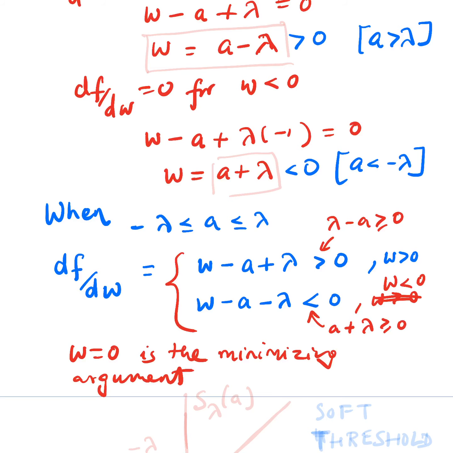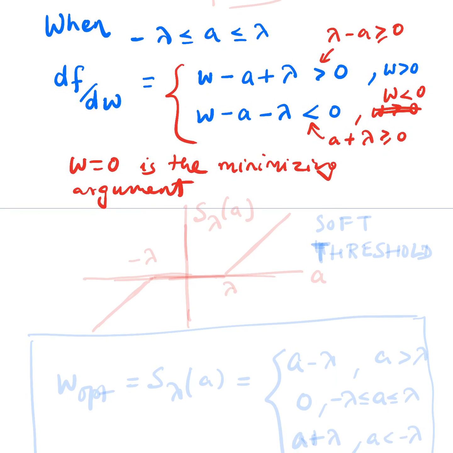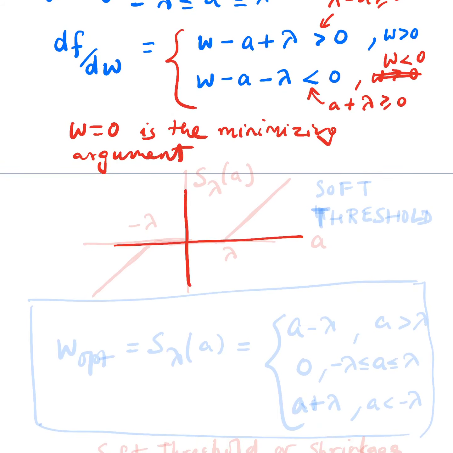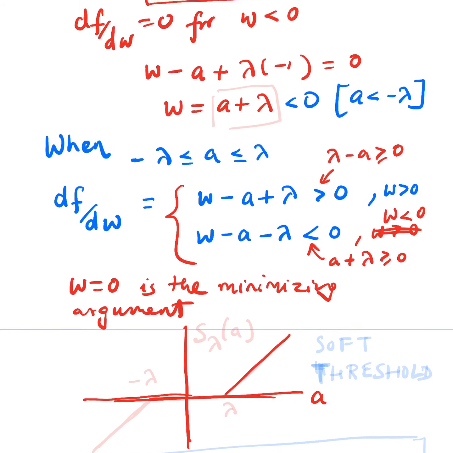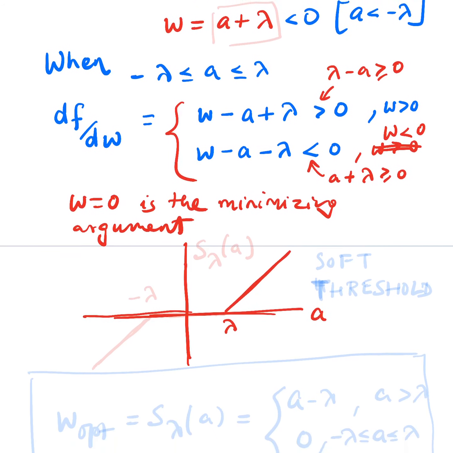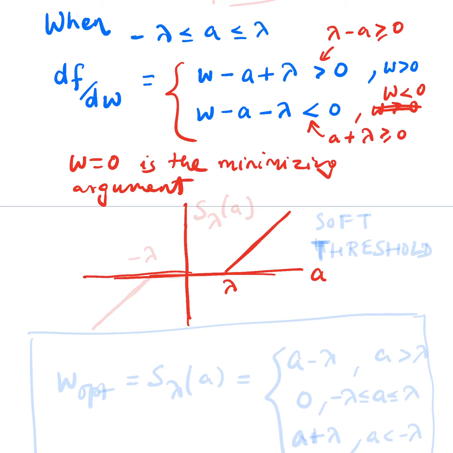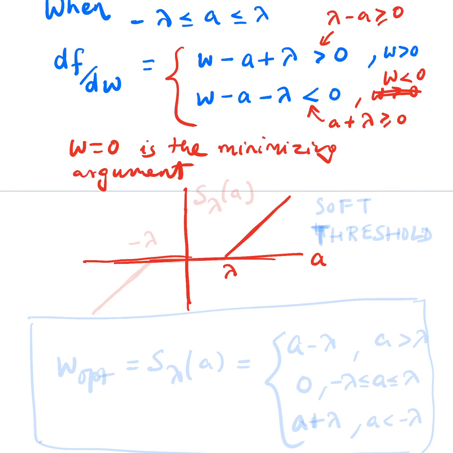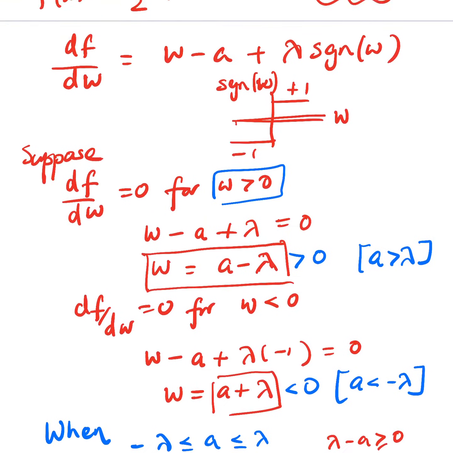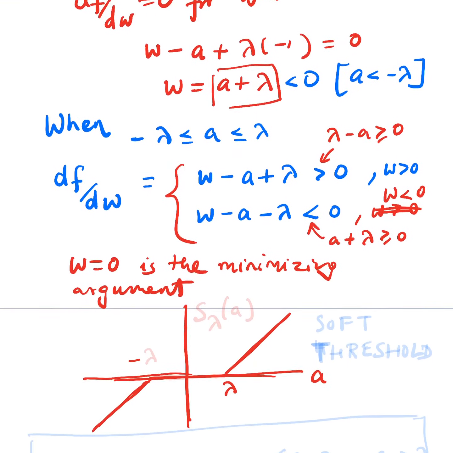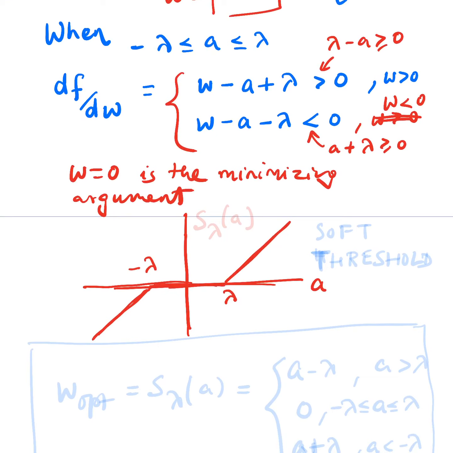So what's the final result we get from all these things? Let me just draw what the optimal solution is for w as a function of a and lambda. When a is bigger than lambda, w is a minus lambda. That's what this was showing. So that's a 45-degree line, but it starts at lambda. When a is less than minus lambda, it is another 45-degree line at minus lambda, and in the middle it is 0.